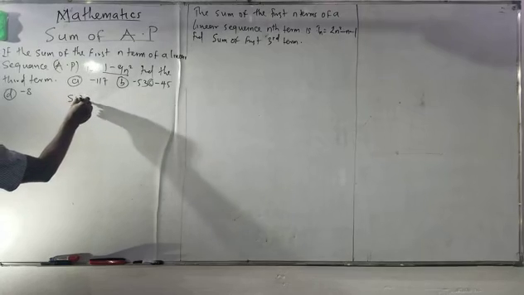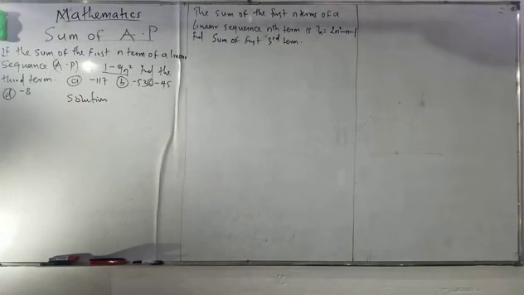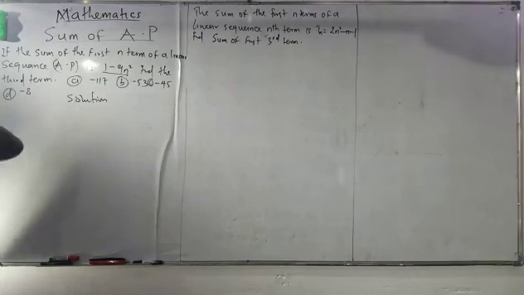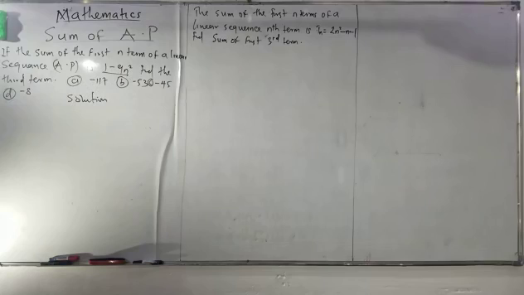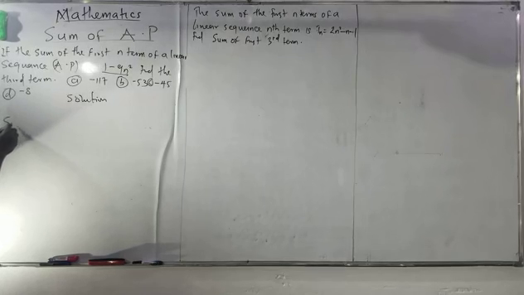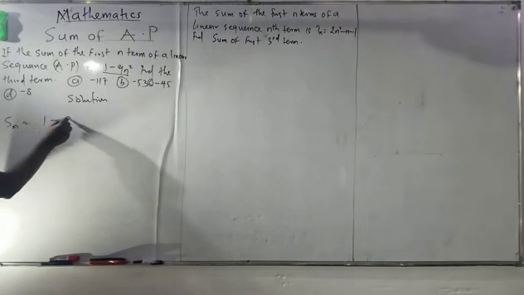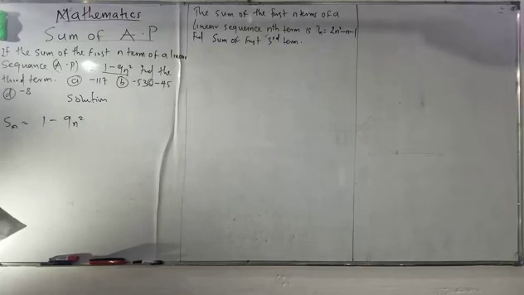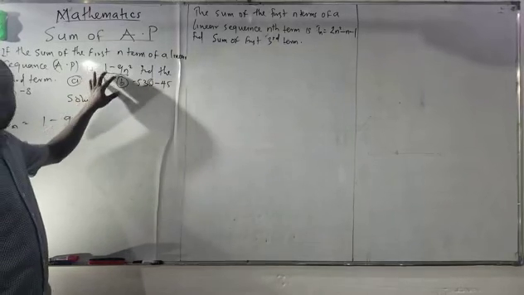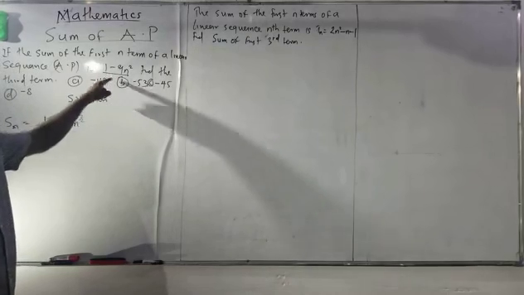The solution to this problem is a very simple one. What I need to do is understand that they have declared a formula for you to be used. The sum of n is equal to 1 minus n squared.